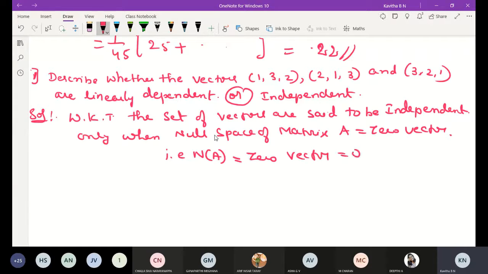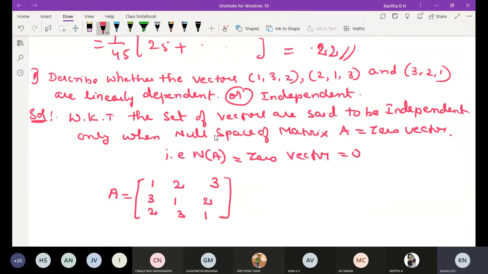Observe here, from the given vectors, the matrix A is equal to 1, 2, 3, 3, 1, 2, 2, 3, 1.